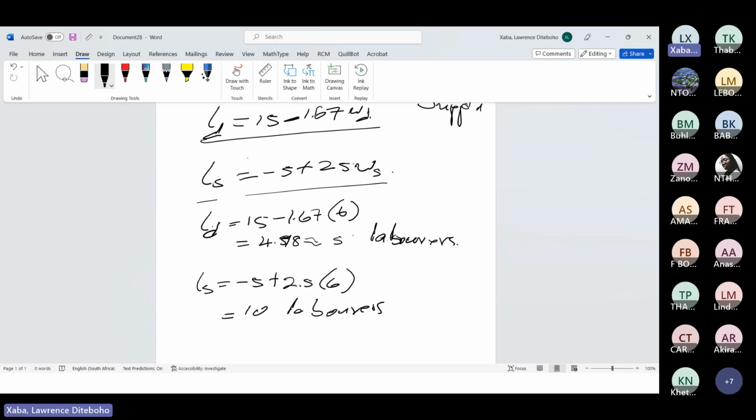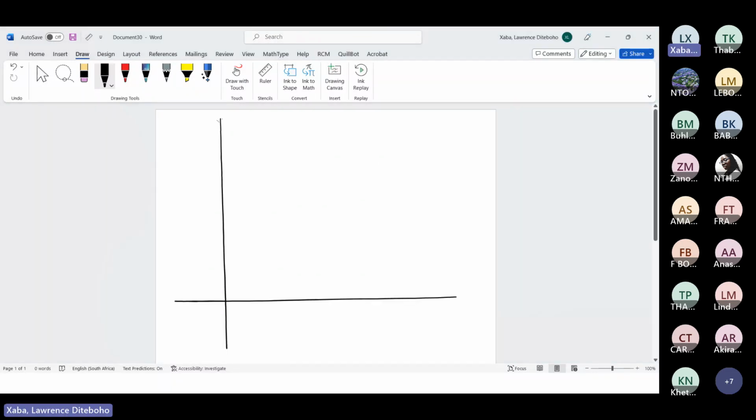is to come up with our Cartesian plane. So let's do our Cartesian plane. Let's take the first equation. We say we have LT equals 15 minus 1.67 WD.